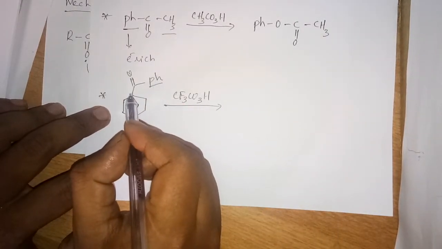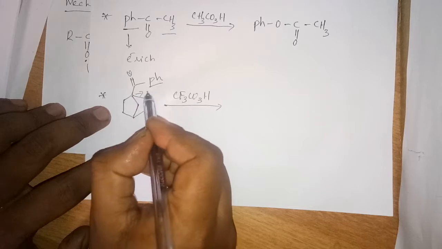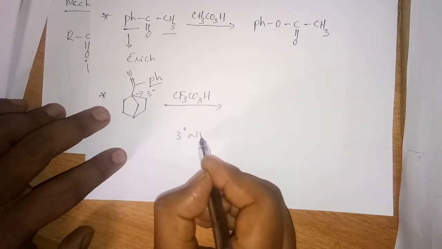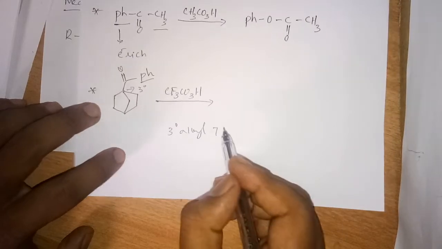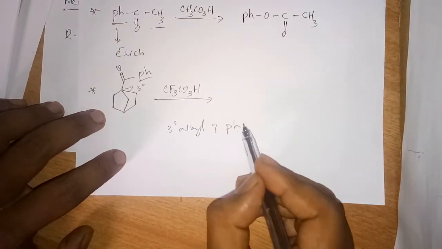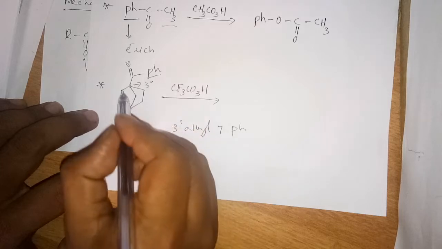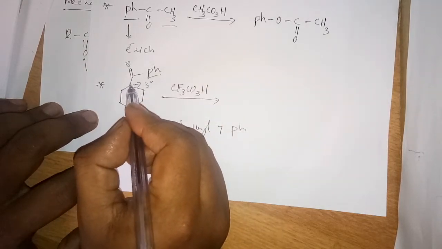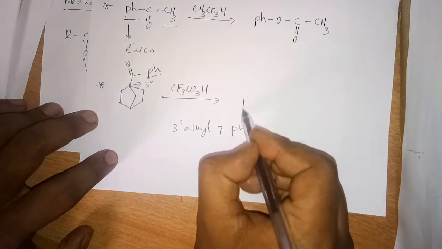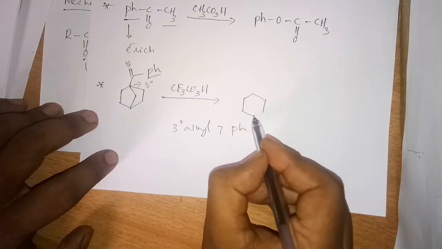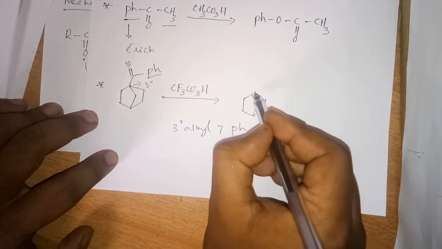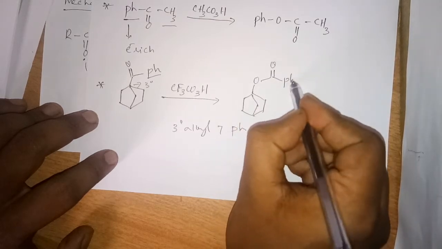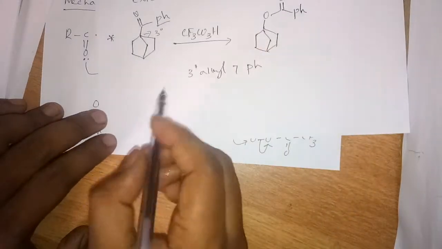This is a tertiary alkyl group, and we know that tertiary alkyl has more migratory aptitude than phenyl group. Therefore the oxygen will be inserted in between the carbonyl group and the tertiary alkyl group. So you will get the product with OPh.